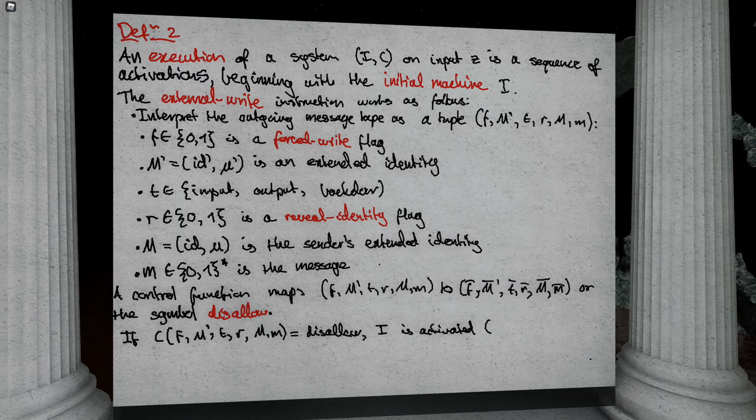And what activation is: the activation tape is set to 0 and I is set to 1. That's what I mean when I say activated. So if a machine somewhere in this system attempts to send a message and it's not allowed to do it, we say no, and then we give control back to the initial machine. Remember, in practice, the initial machine is the environment.